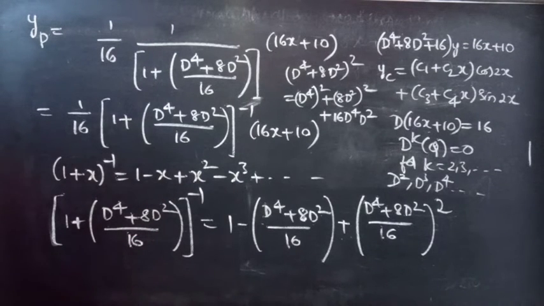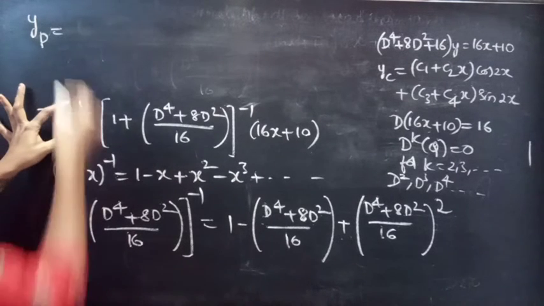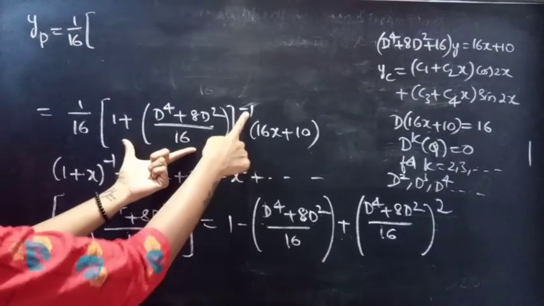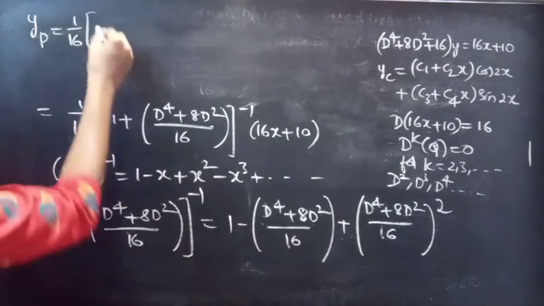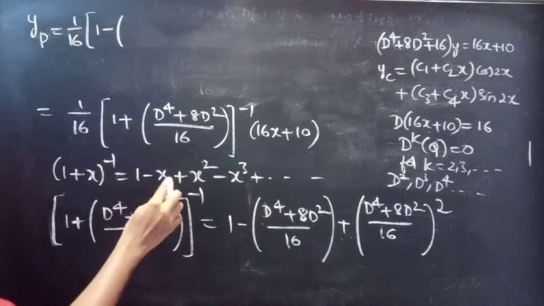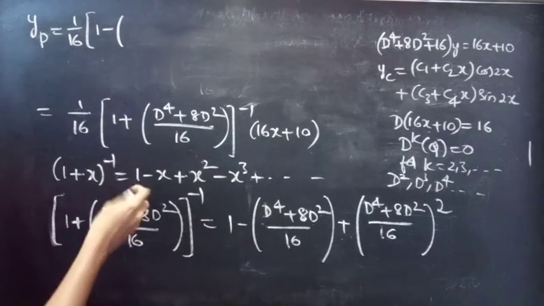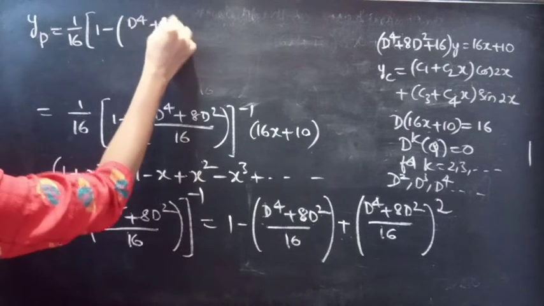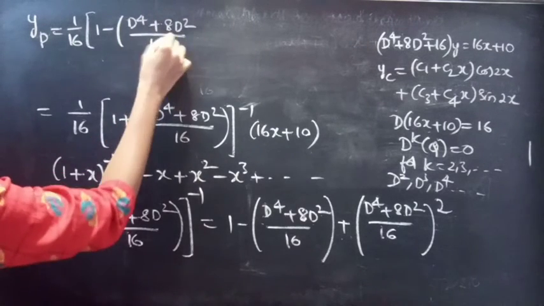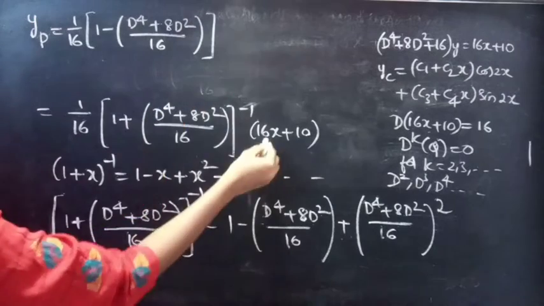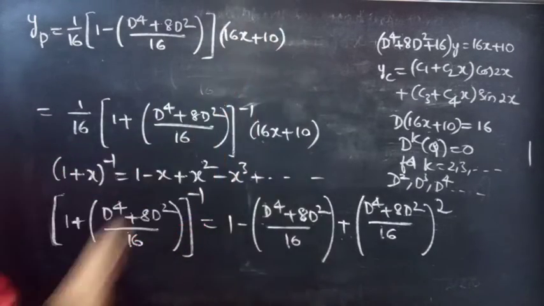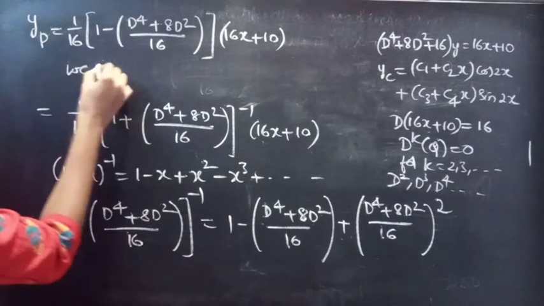Now our yp looks like 1 by 16 into the expansion of 1 plus x whole inverse, where we'll just take the first two terms. Then we'll get 1 minus D power 4 plus 8D square by 16, into 16x plus 10.